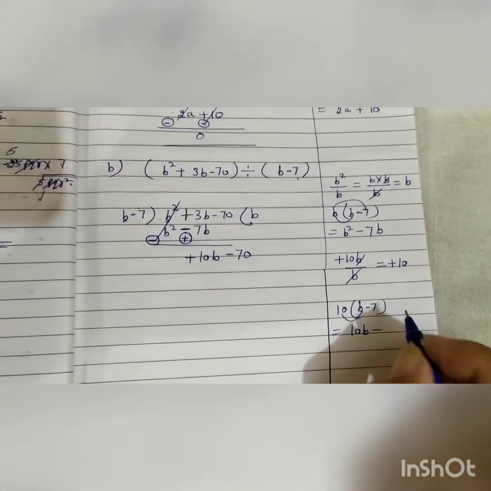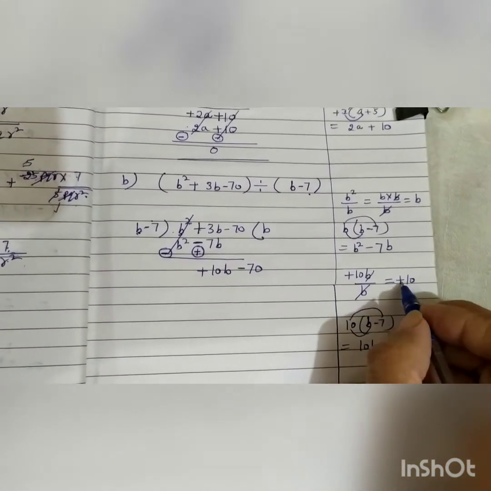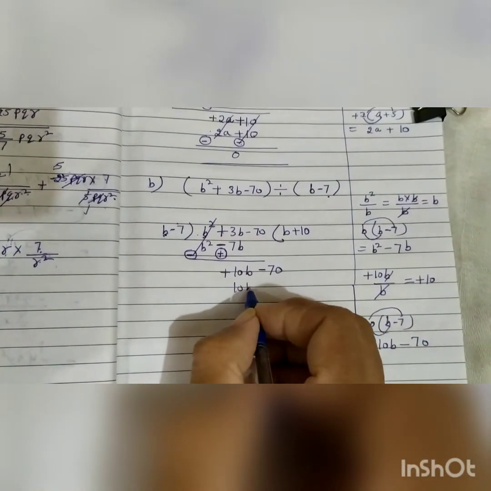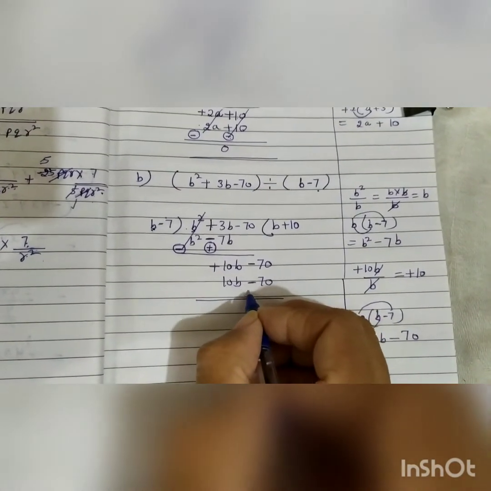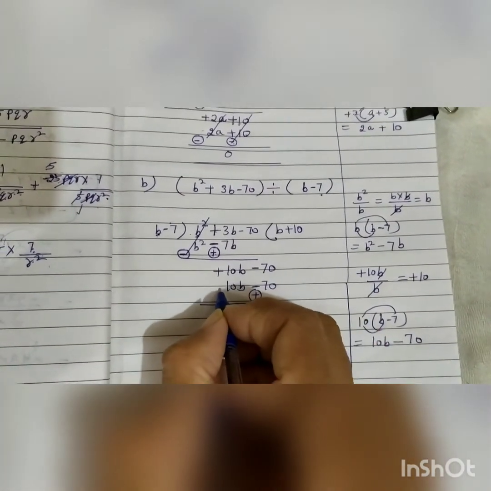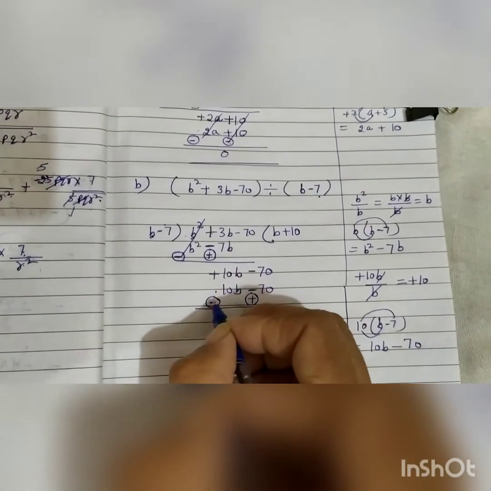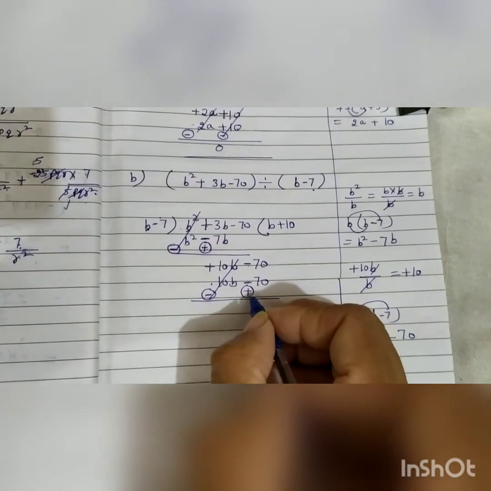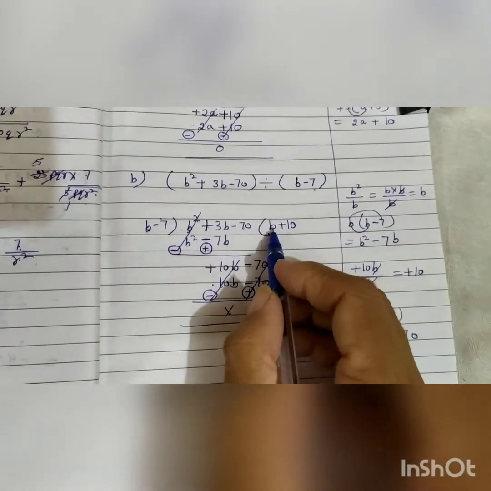Then minus 10 multiply 7, 10 sevens are 70. First we will write this plus 10 here, then 10b minus 70. Again change the sign, this minus will change to plus and this plus will change to minus. It is plus 10b and it is minus 10b. They will cancel. Minus 70 plus 70, they will also cancel. So our quotient is b plus 10.